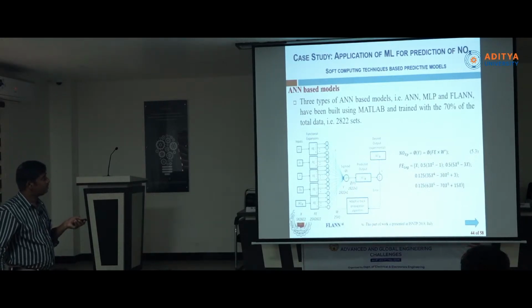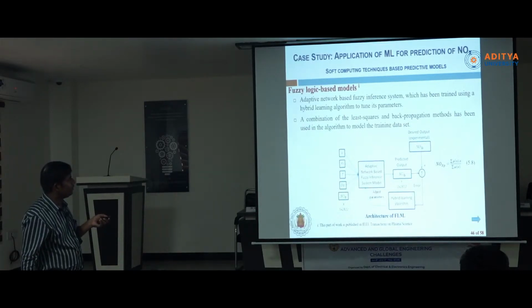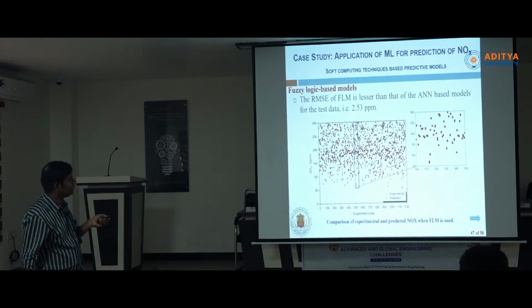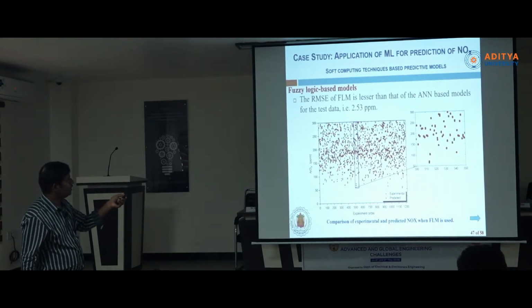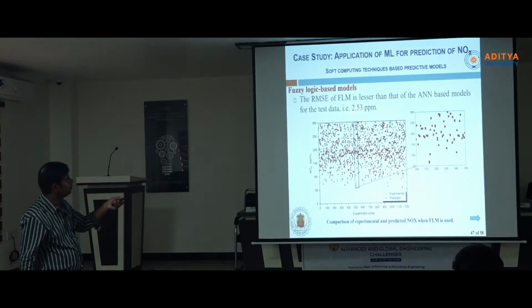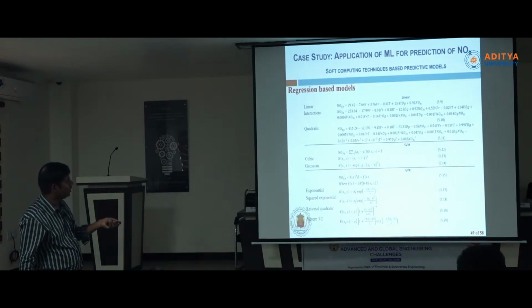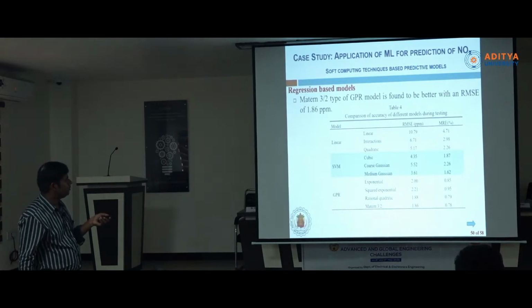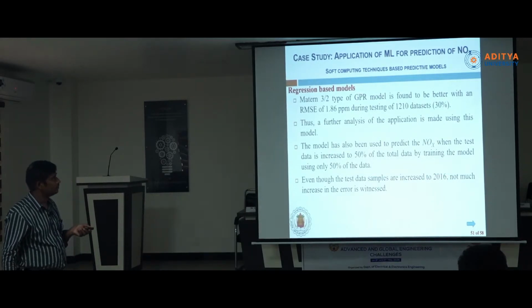Such models are used, and the error keeps on reducing. The NOx predicted value is close to the actual value. For the fuzzy logic model, the RMSE is 2.53 ppm. Then regression based models, so many types of regression models I have taken. The best model I proposed is the Matern 3/2 type of regression model.